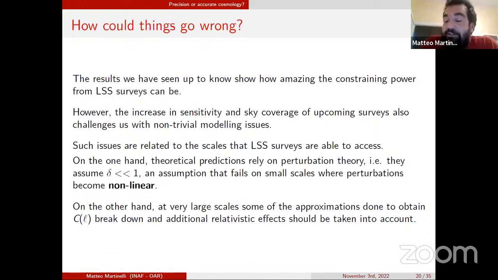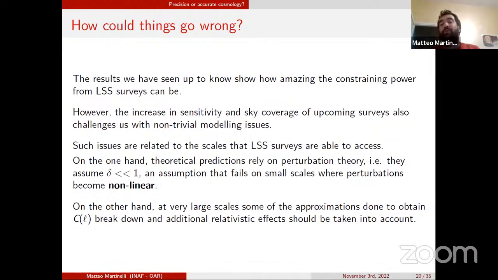The problem is that given the increase in precision, sensitivity, sky coverage of our observation, we are going to face problems that we didn't have before, in the sense that accessing different scales with much smaller error in our observation will show approximation effects that were neglected, that were not important in previous surveys where the sensitivity was lower.